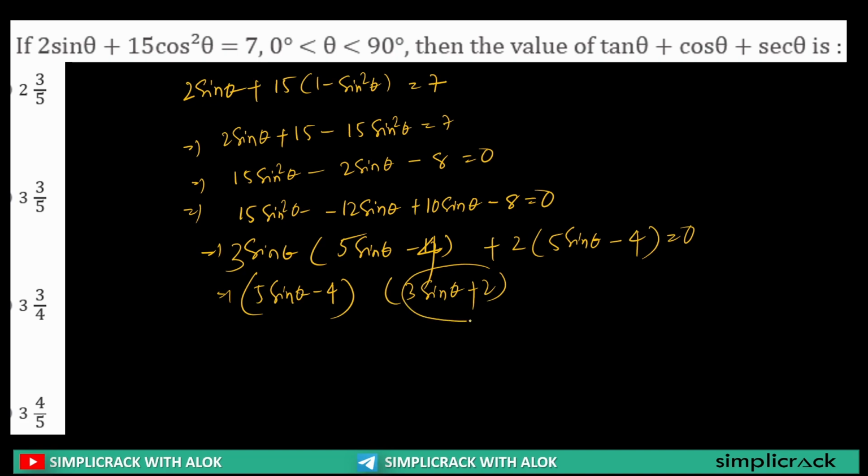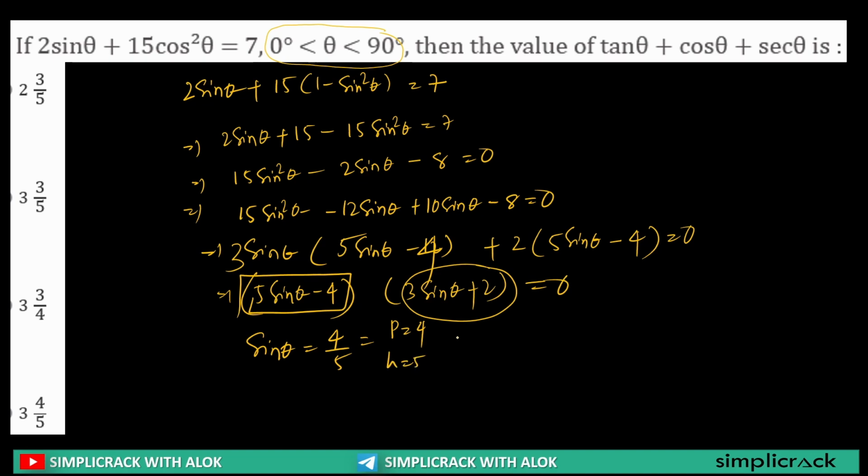Now this factor would need sin theta to be negative for it to become 0, but here theta is between 0 and 90 degrees, so it's in the first quadrant. That means the value of sin theta will always be positive, so this equation will satisfy. So sin theta is equal to 4 by 5. That means P is equal to 4, H is equal to 5, and B will be 3, if I take the Pythagoras triplet.